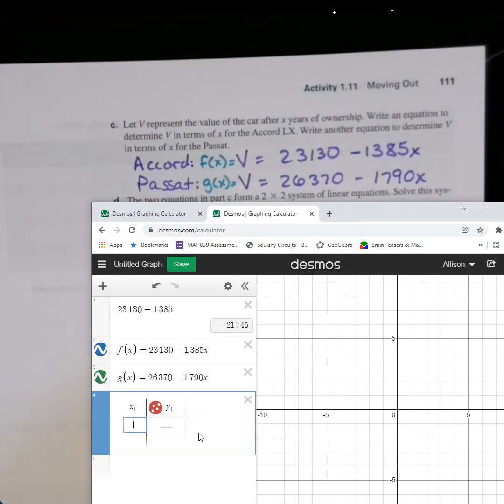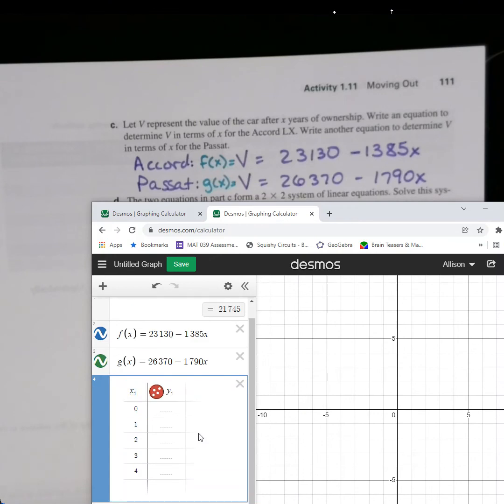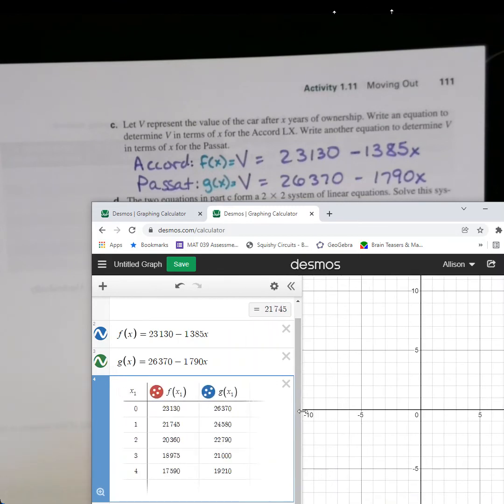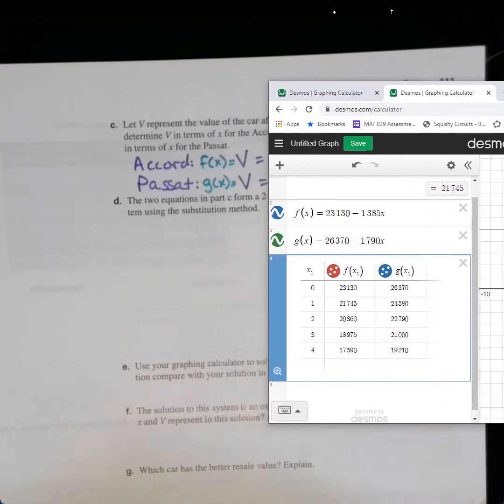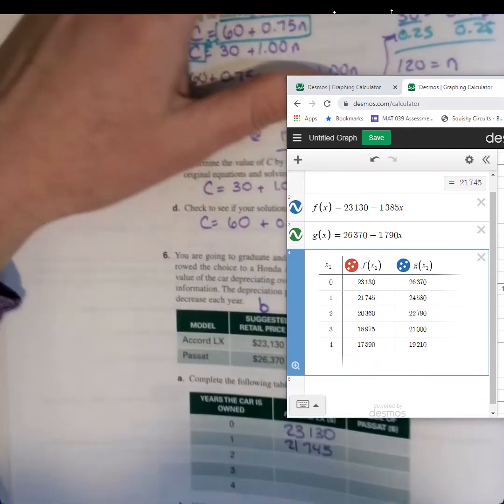Table. And we need inputs of 0, 1, 2, 3, and 4, and we need outputs f of x1 and g of x1. And I will make this larger, move it over here, and then I'm going to go back in our book to finish the table.